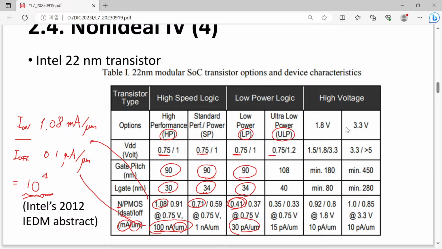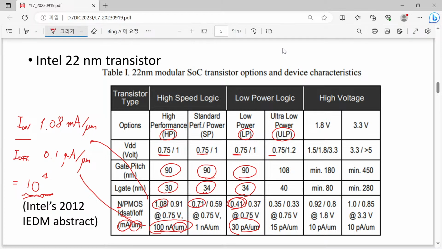In the case of low-power case, let us calculate also Ion over Ioff. Ion, its value is 0.41 still milliamp. And here we have 30 picoamp. So are you with me?